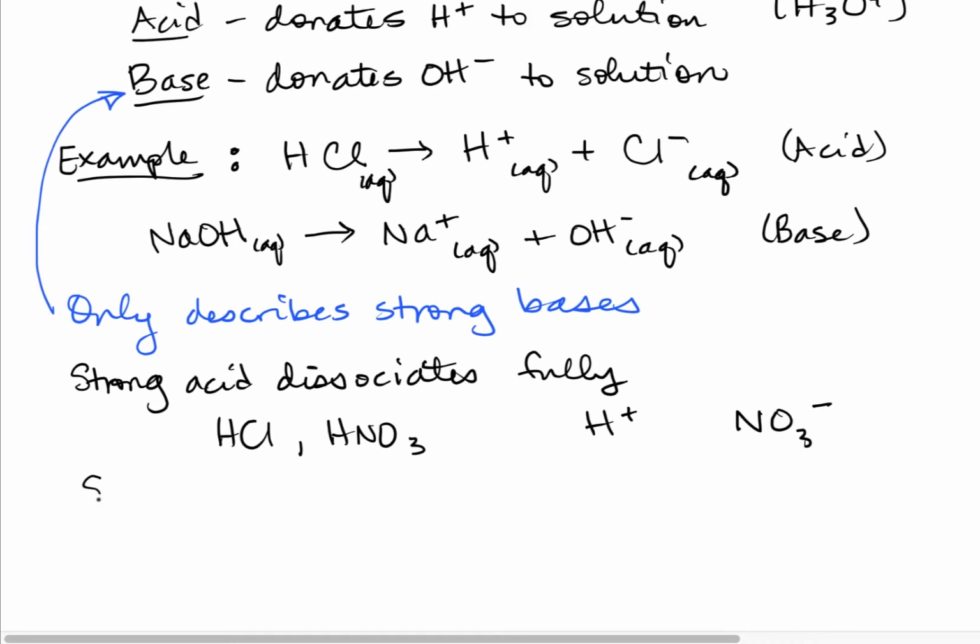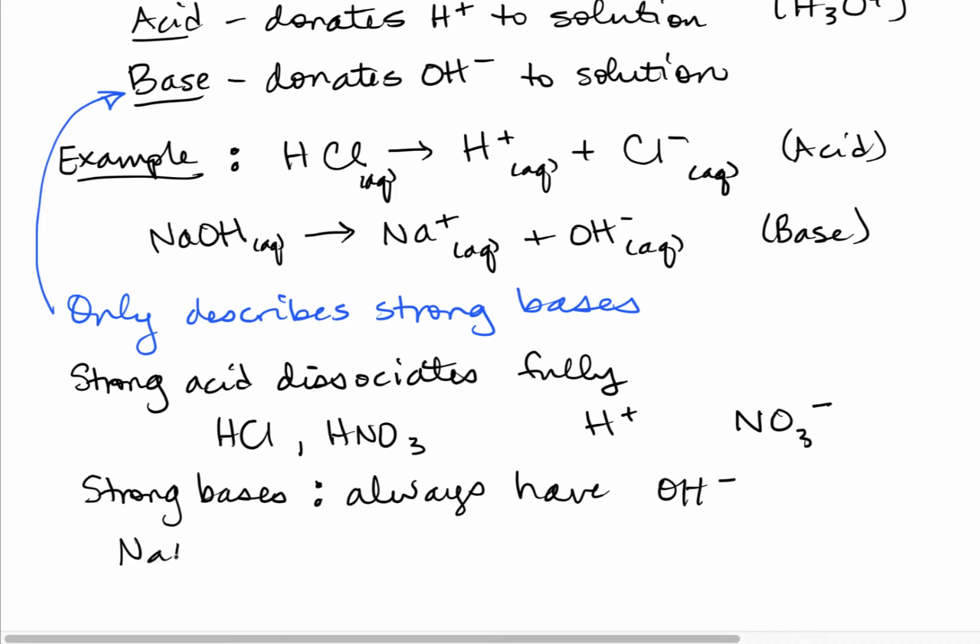So strong bases also dissociate fully, and they always have a hydroxide. So our common ones like sodium hydroxide, potassium hydroxide, barium hydroxide. Any hydroxides that you see, if they are soluble at all, then they are a strong base.